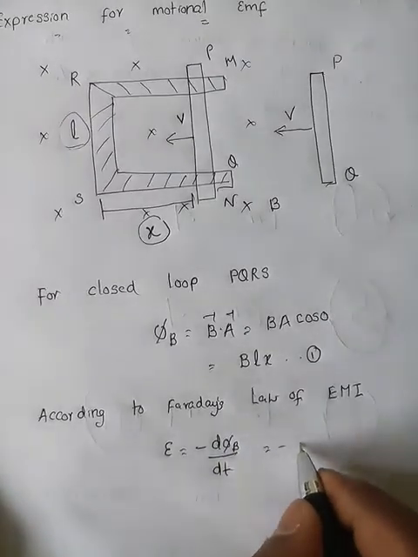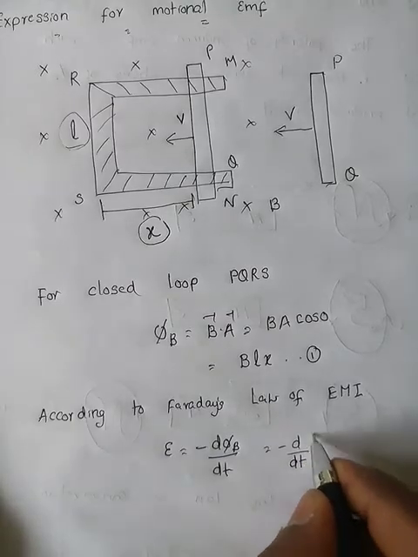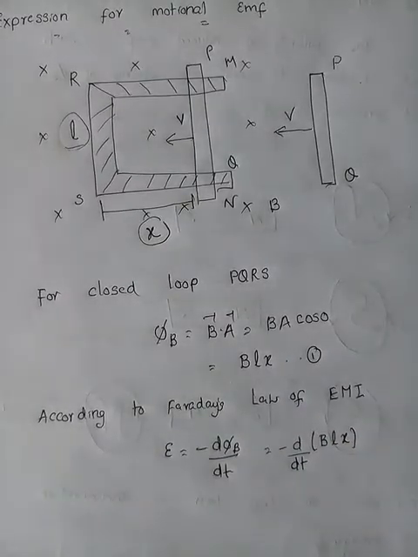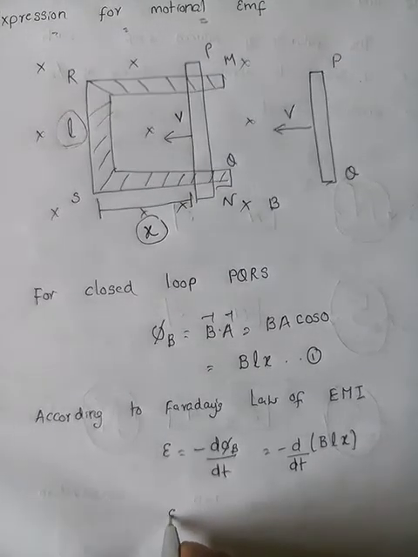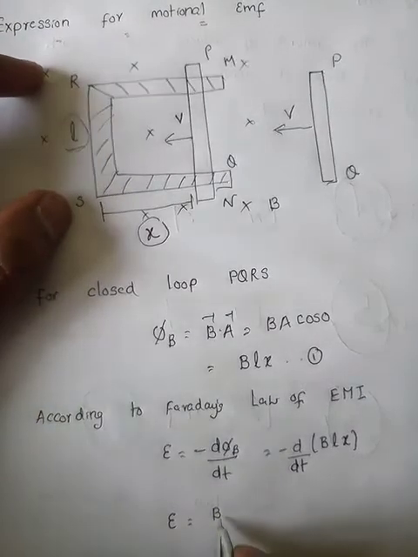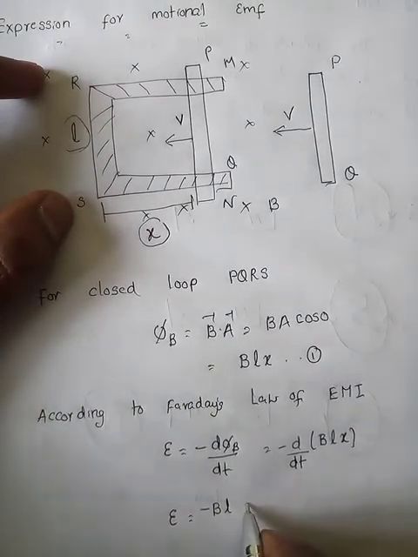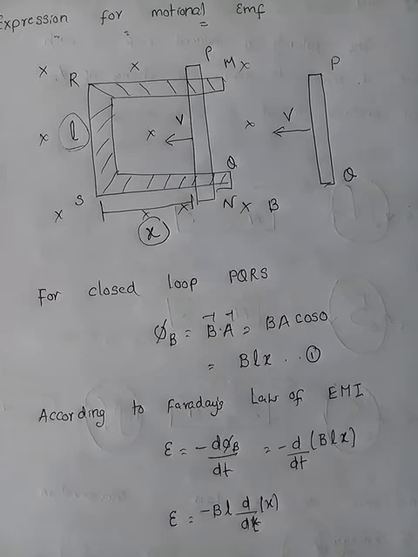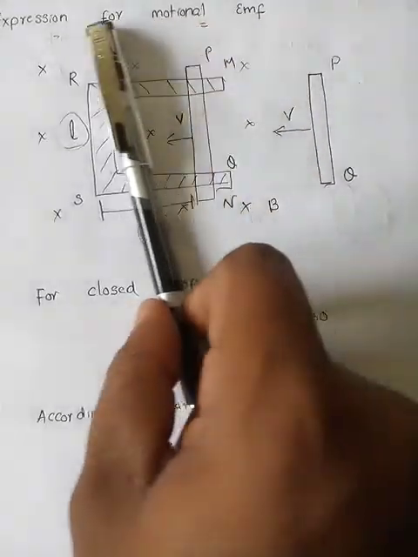What is phi B? BLx. Here the magnetic field is uniform, that is constant. The length of the conductor is not changing. So minus d by dt of x, because the value of x is the only thing changing now.